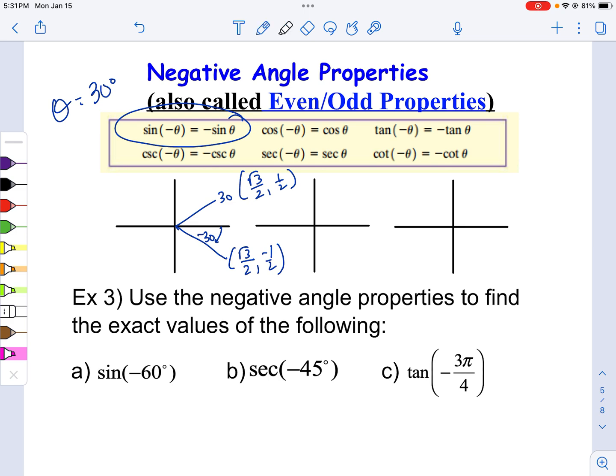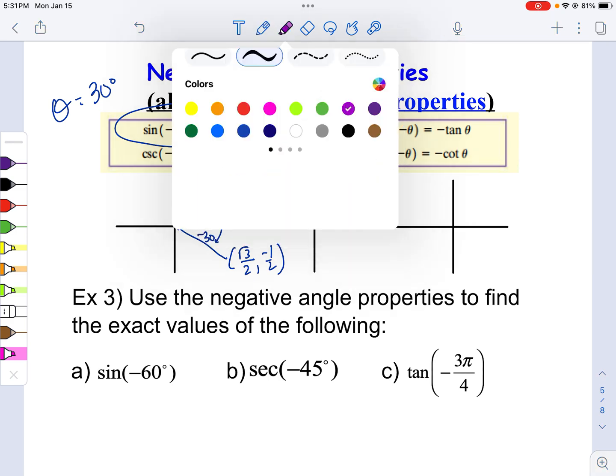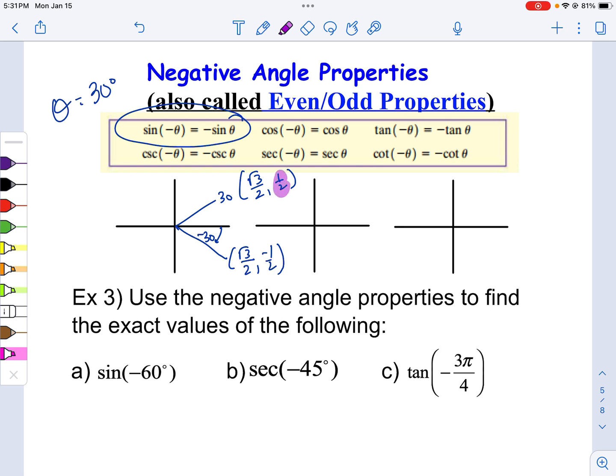Since sine is the y value, if we compare the y values of positive 30 and negative 30, what do you notice? They're the same number, except sine of negative 30 is just the opposite of sine of positive 30. And that's all that property is saying. It says that sine of negative theta is the opposite of sine of theta.